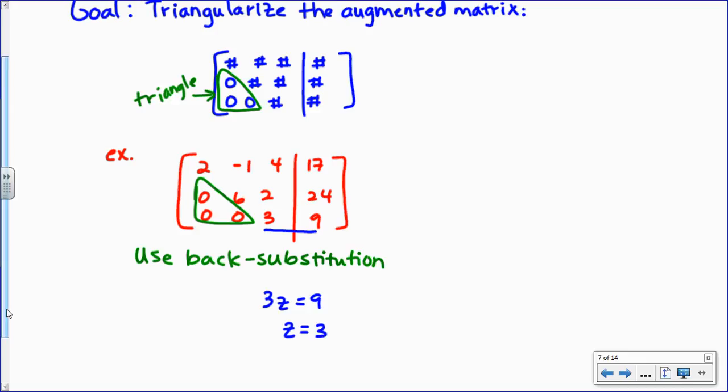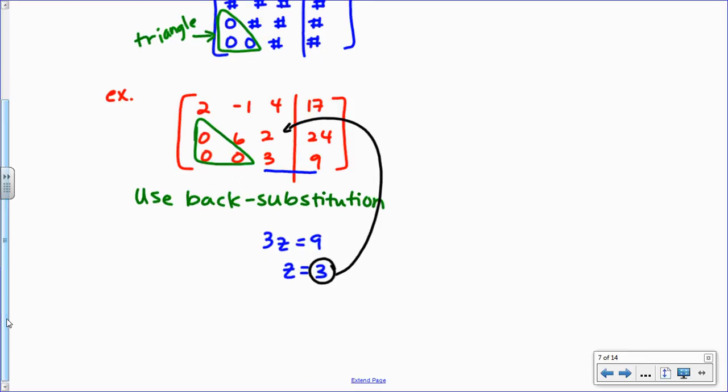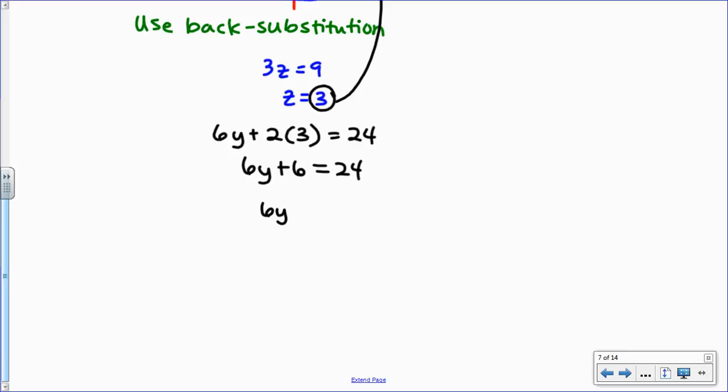So when you back substitute, you have to include the variables. Okay? Now, go to the middle row and plug 3 in for z. So that's 0x plus 6y plus 2 times z, which is 3, equals 24. So y is 3.